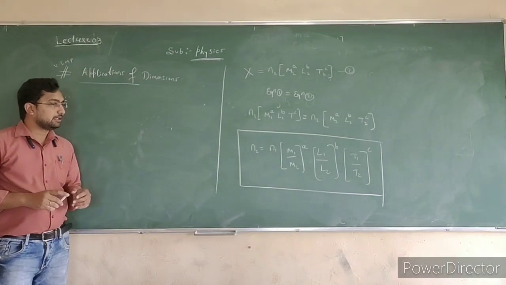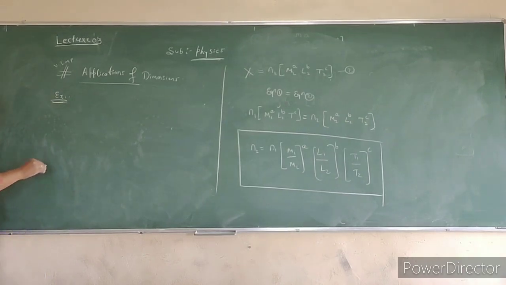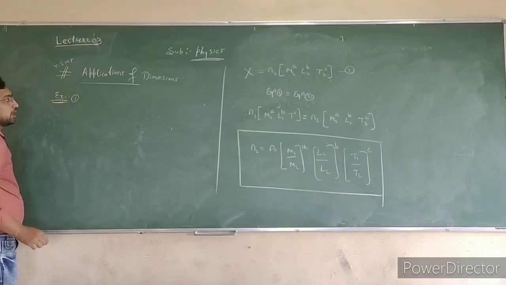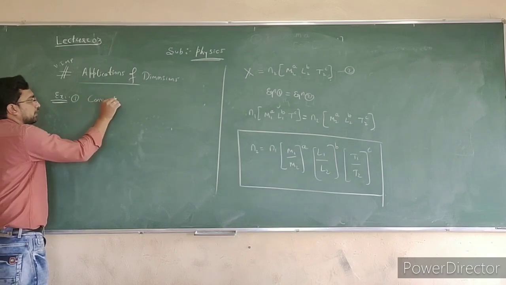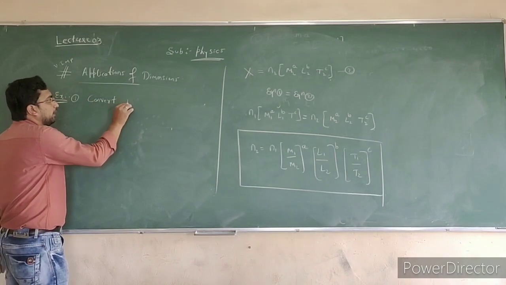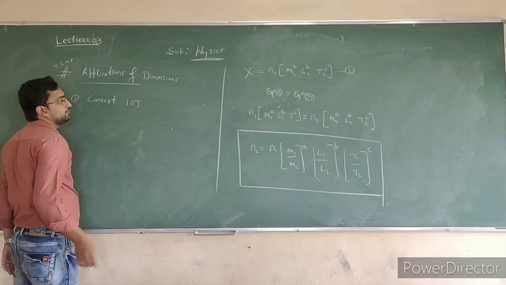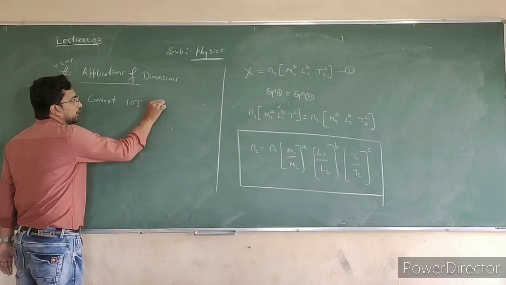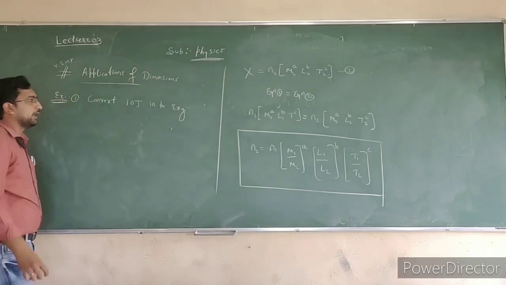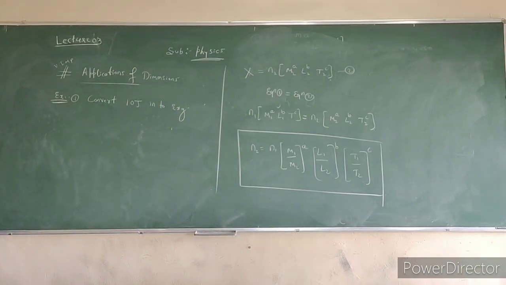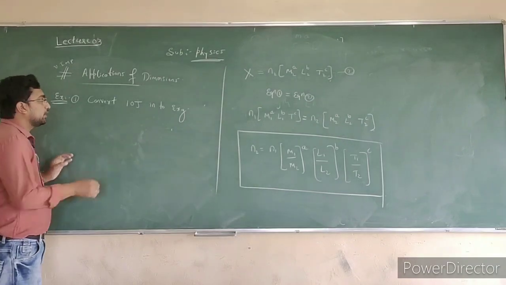Okay. Let's see the example. The first example is convert 10 joule into erg. Convert 10 joule into erg. Okay, see here. So 10 joule.